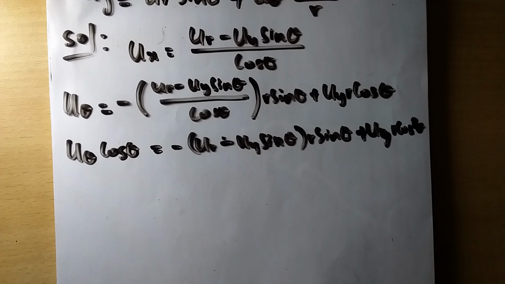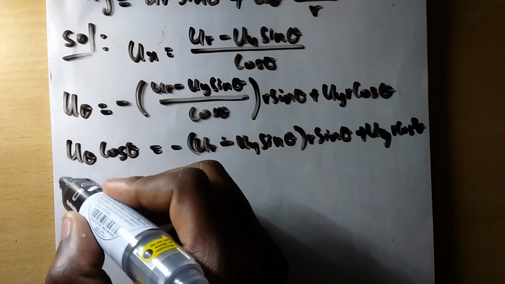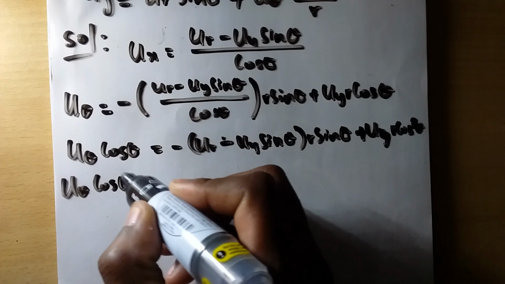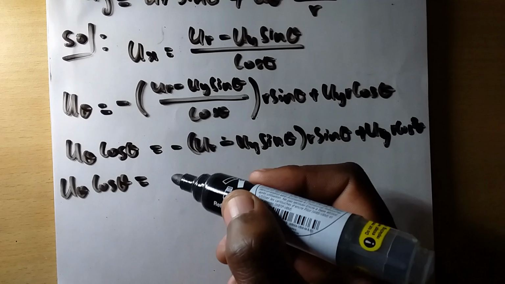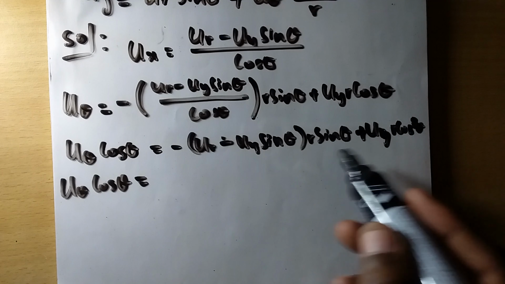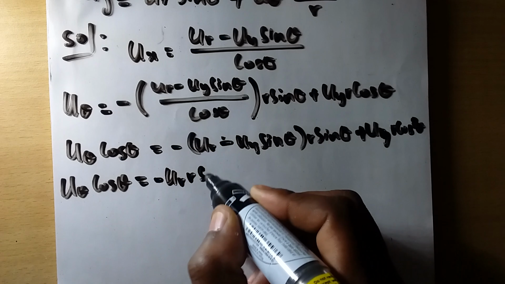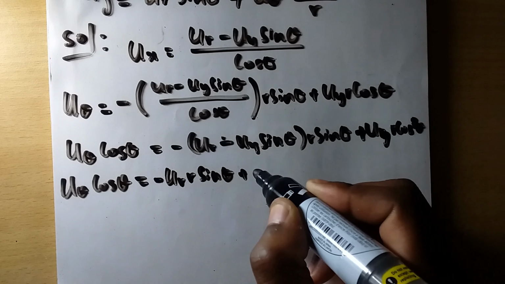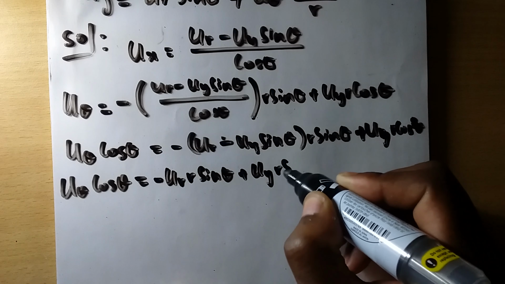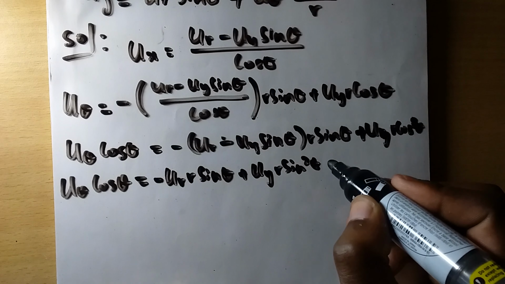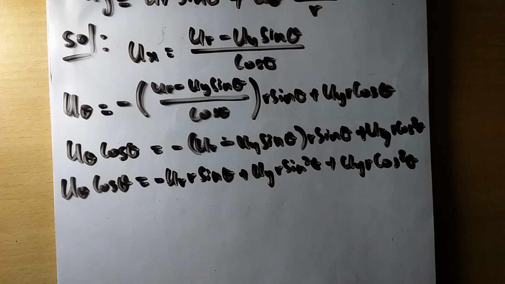The next part is to expand this and do away with the brackets. You can just multiply by negative r sin θ. So we have negative U_r r sin θ plus U_y r sin squared θ plus U_y r cos squared θ.